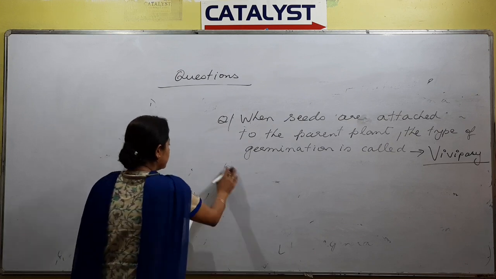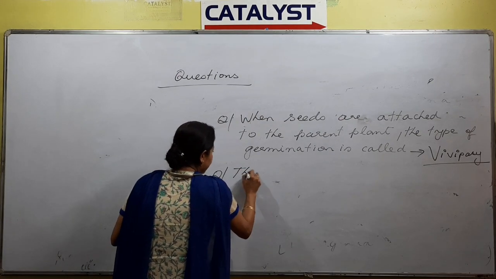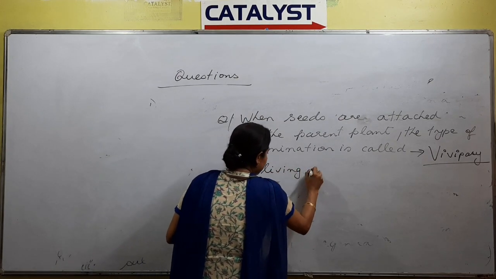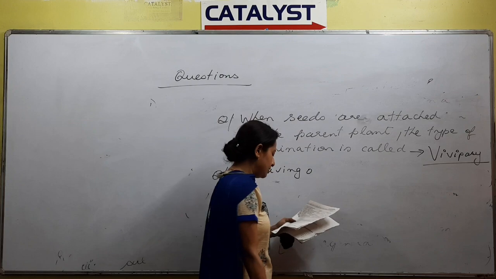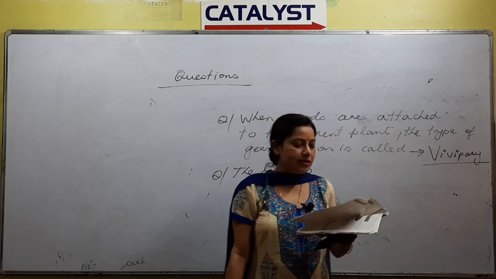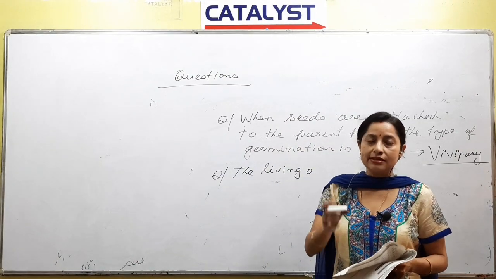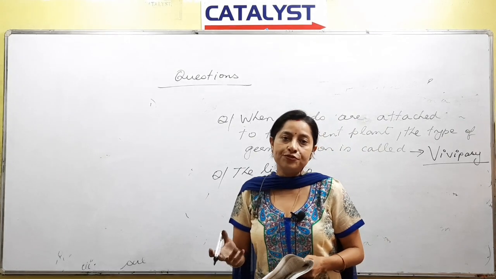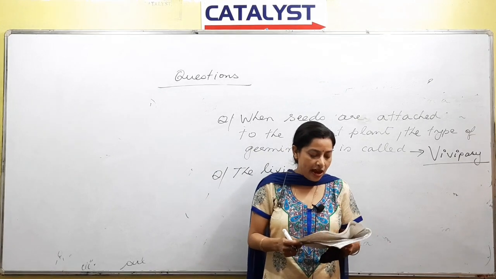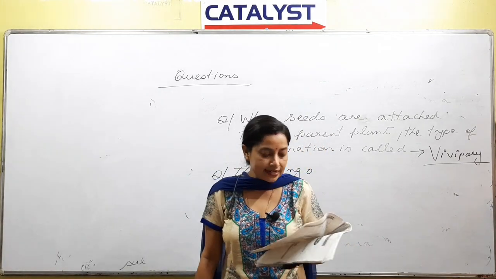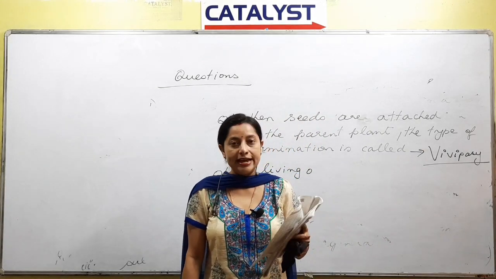So the last question. The living organisms can be differentiated from the non-living organisms on the basis of: reproduction, growth and movement, responsiveness to touch, and interaction with the environment and progressive evolution.